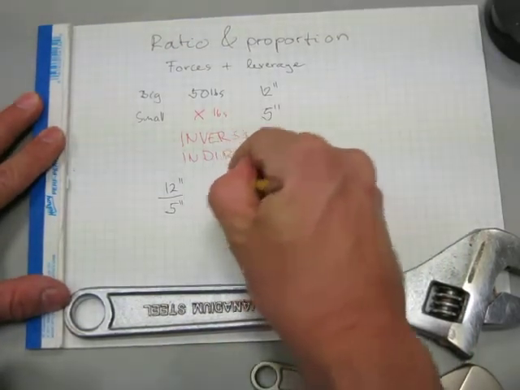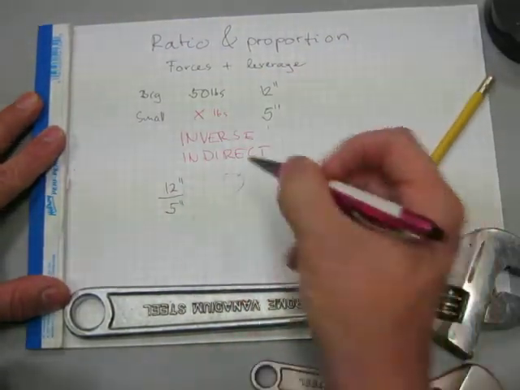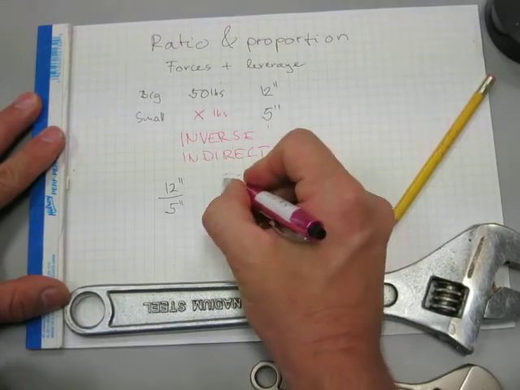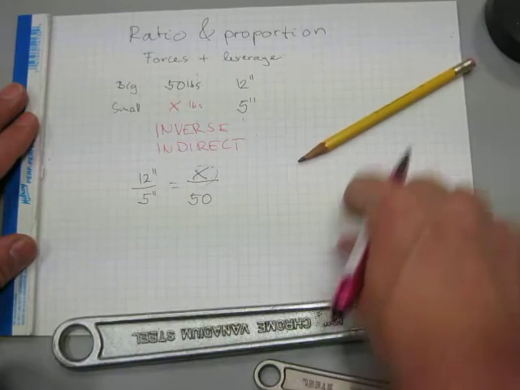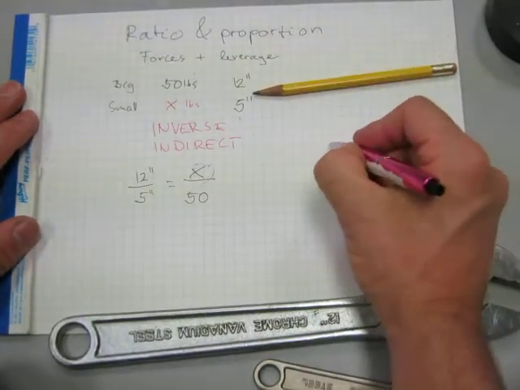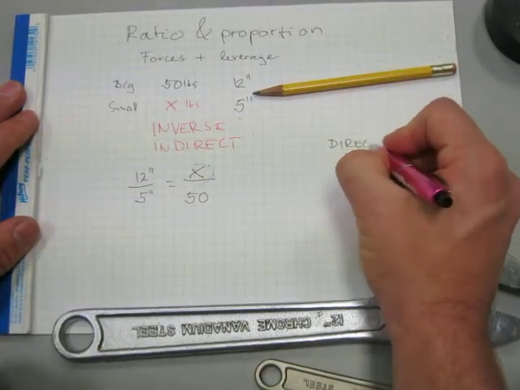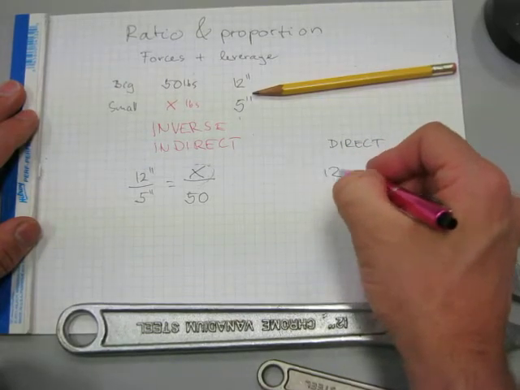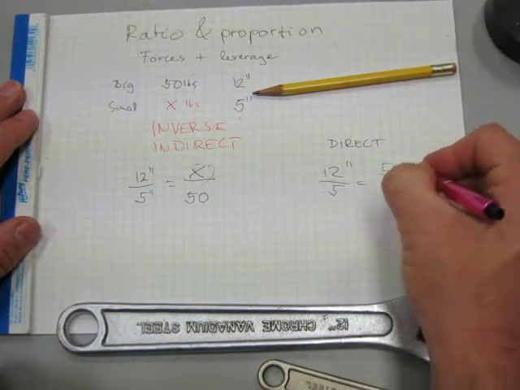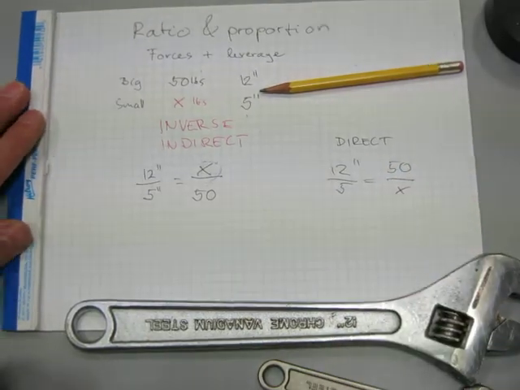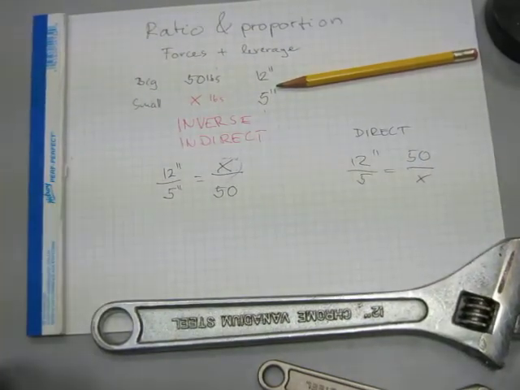So the 50 is going down here, and the unknown amount is going up there. And just for comparison, to see what happens in a direct relationship with the same numbers, I'm going to write it up this way, and the 50 is up there. Let's calculate this one first.